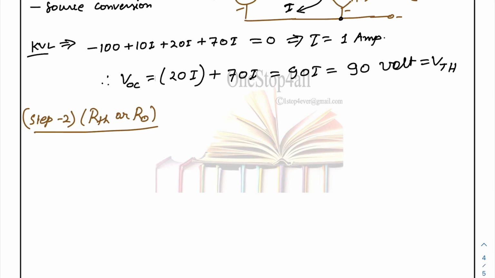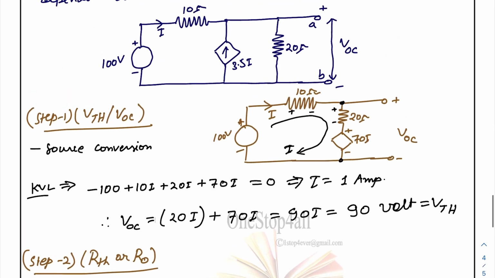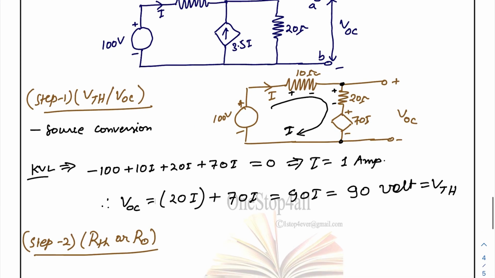For finding out the RTH and ZTH, we have seen in the above page that we will simply write the formula, ZTH equal to VOC by ISC. So, VOC by ISC.